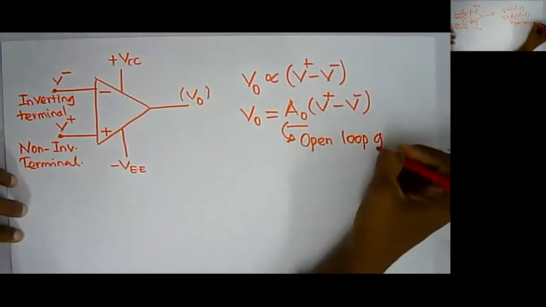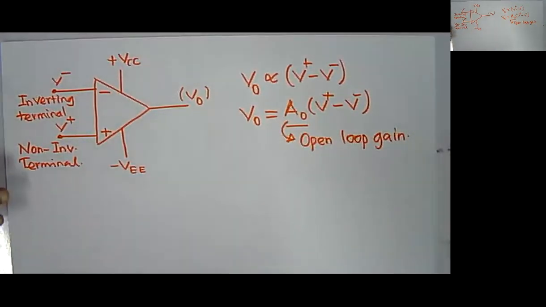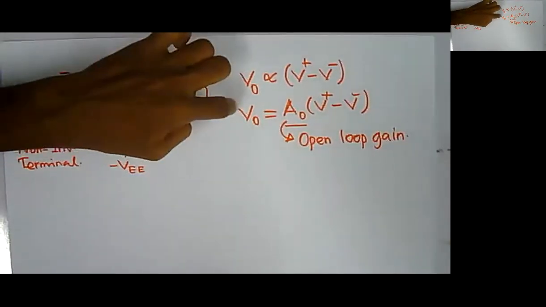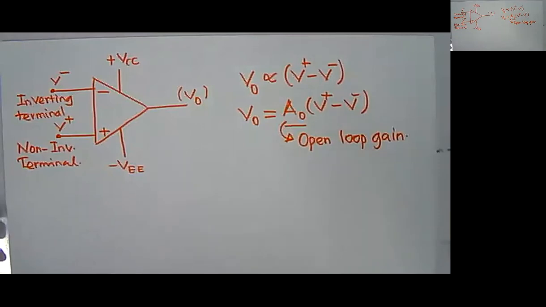As I said, it's a simple differential amplifier, and the proportionality constant is the open loop gain.